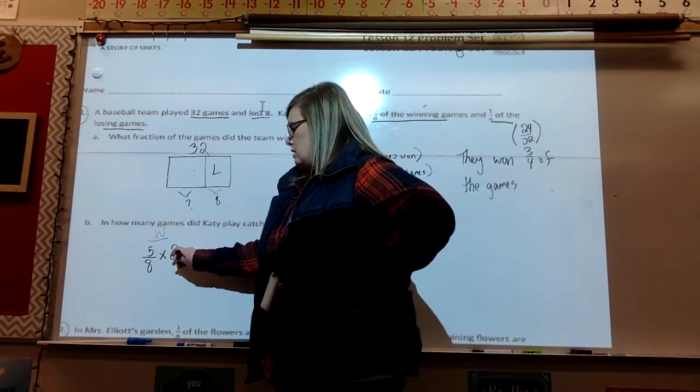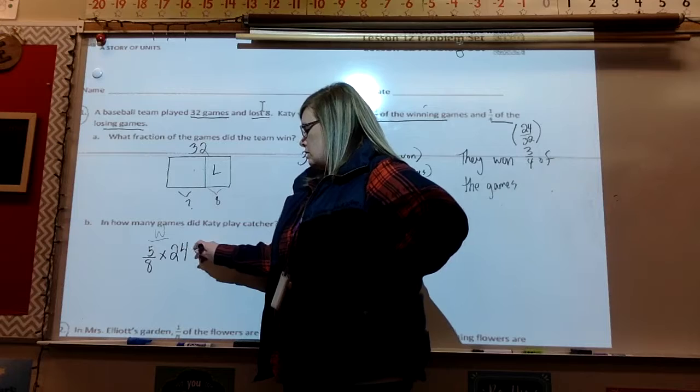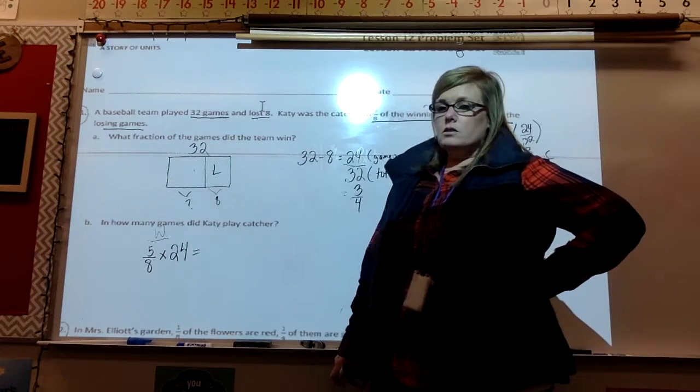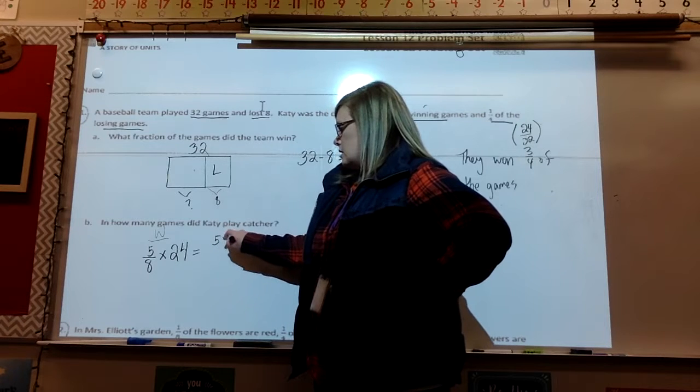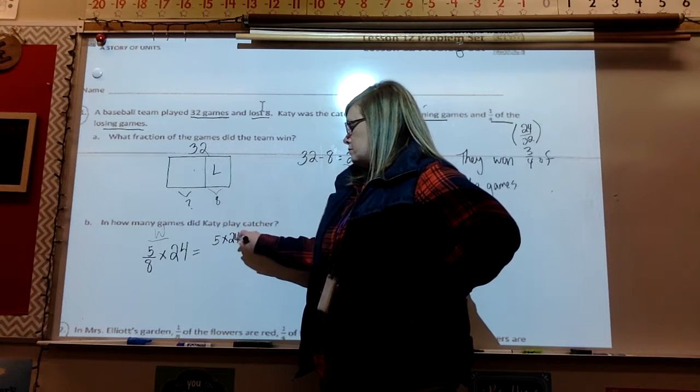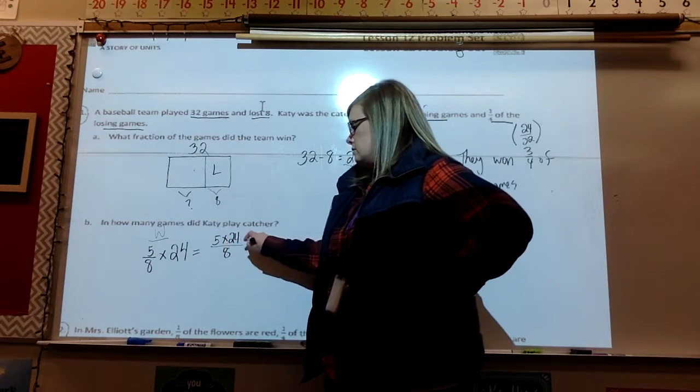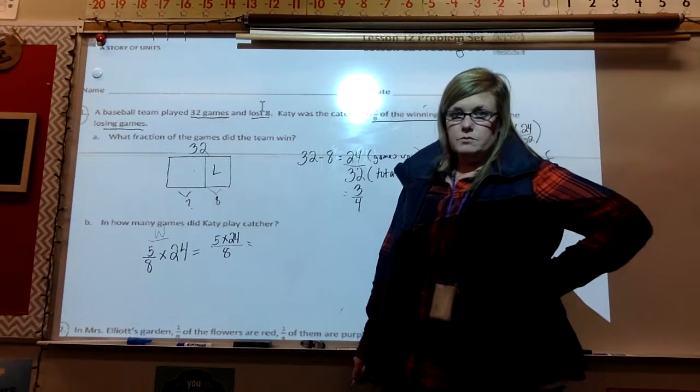So I need to find 5/8 of 24. So to do that, I'm going to multiply my numerator times my whole number, divide by 8. I'm going to give you a minute to do that.